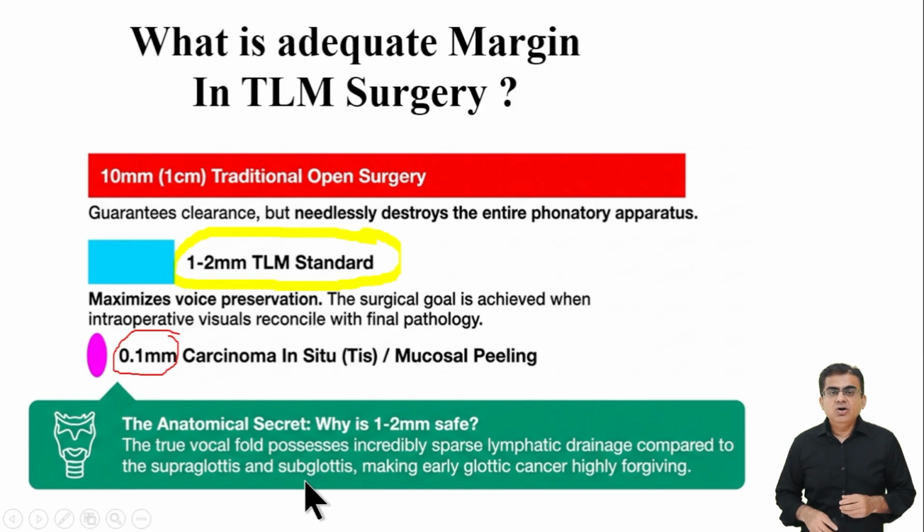It has almost no lymphatics compared to the supraglottis and subglottis above and below it. Because of this lack of lymphatic drainage, early glottic cancer is highly forgiving. This unique anatomy is exactly what allows us to safely use these very small margins without compromising the patient's survival.